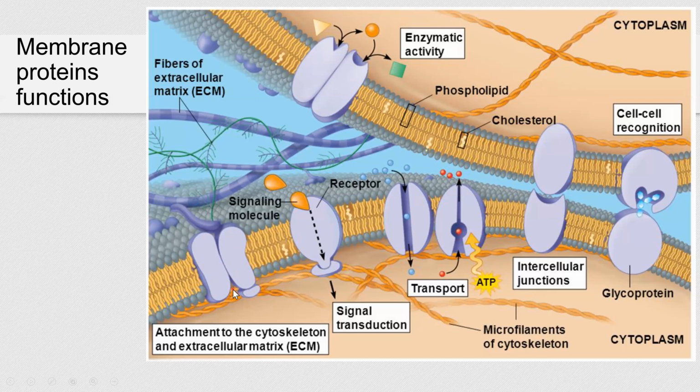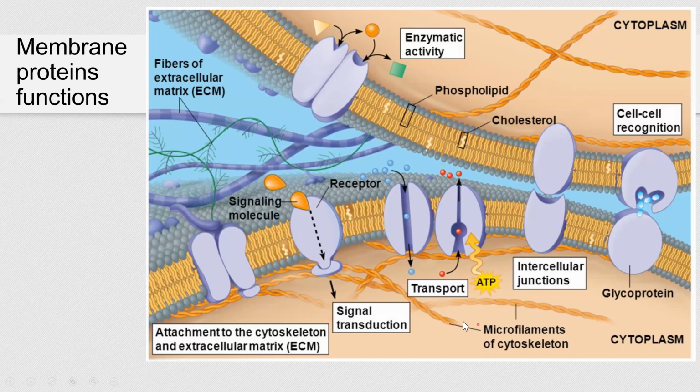So another function is signal transduction. Very often your endocrine system or your nervous system is going to send special signaling molecules to your cells, because your nervous and endocrine systems want your cells to do something, to perform some function.